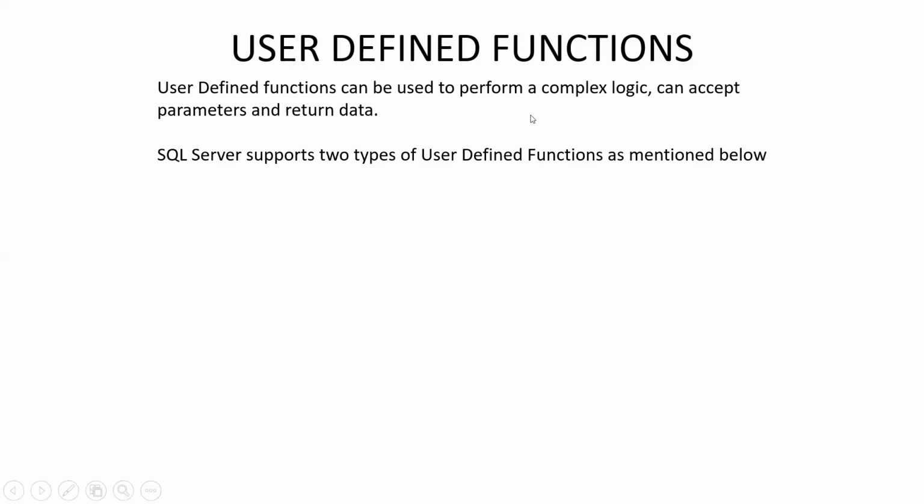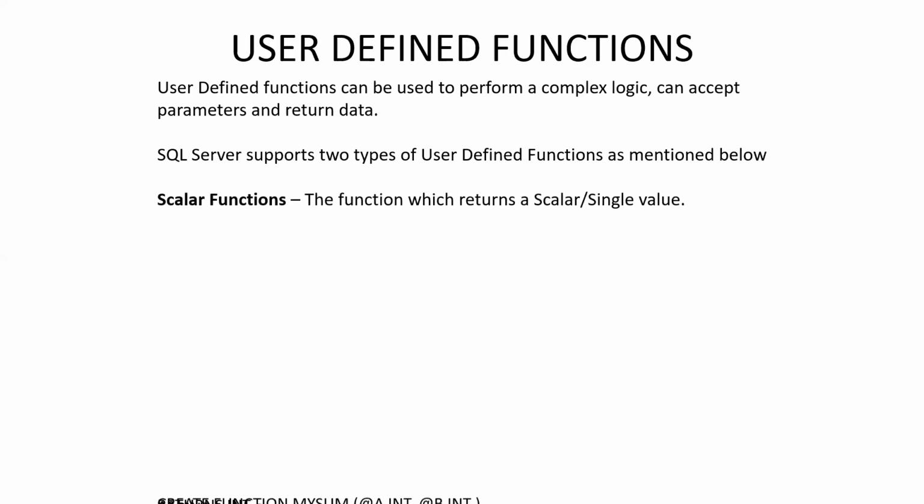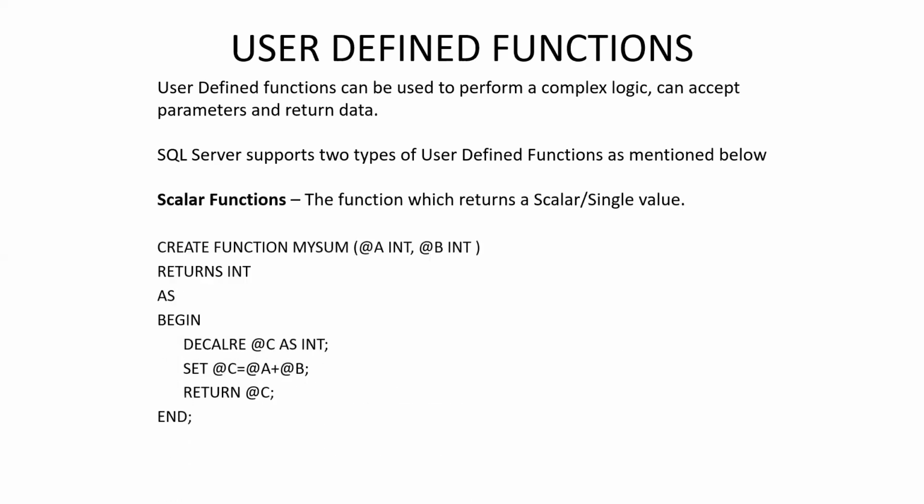So now we know what a user defined function is. A user defined function can be used to perform a complex logic, can accept parameters and return data. You can take the example of the function we created for the creation of the corporate email ID. Whatever logic it has performed, it finally gives us the result. As I told you, there are two types of function. One is the scalar function, also referred to as a single valued function.